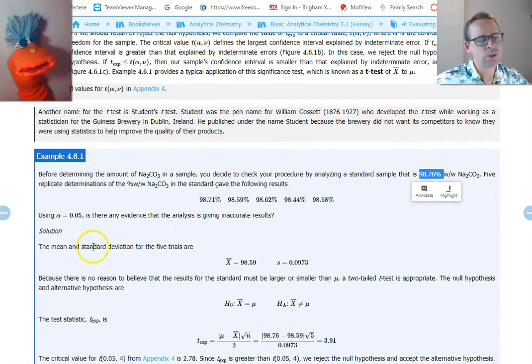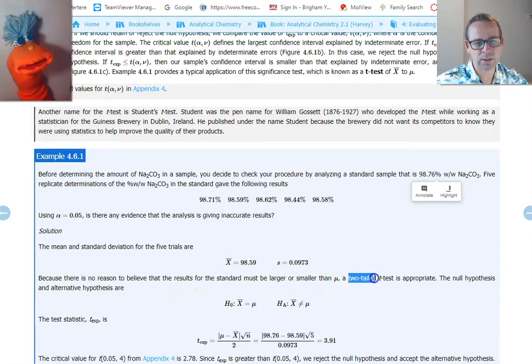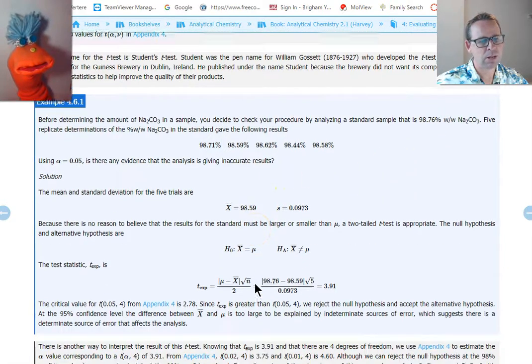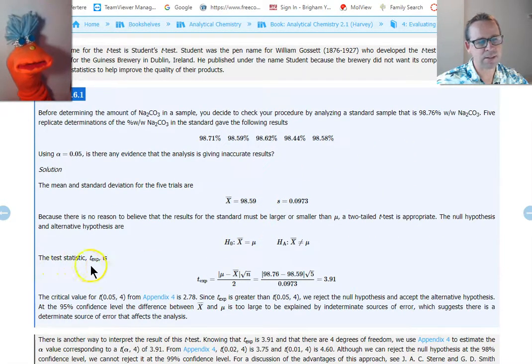All right. So we take our mean and our standard deviation, and because there's no reason to believe that the results of the standard must be larger or smaller, we have to use a two-tailed test. Then the null hypothesis is that the averages should be the same, so this should be the same as 98.76%. The statistical t-test is to get our t-experimental, which is the difference between the two.